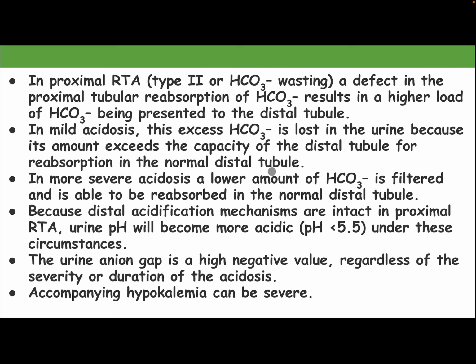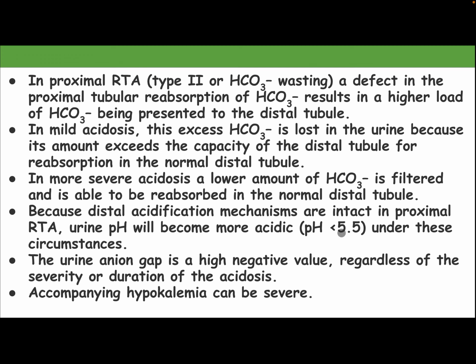In more severe acidosis, a lower amount of bicarbonate is filtered and is able to be reabsorbed in the normal distal tubule. Because distal acidification mechanisms are intact in proximal RTA, urine pH will become more acidic.